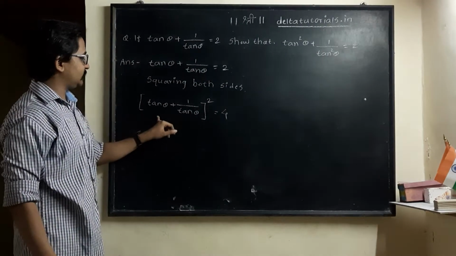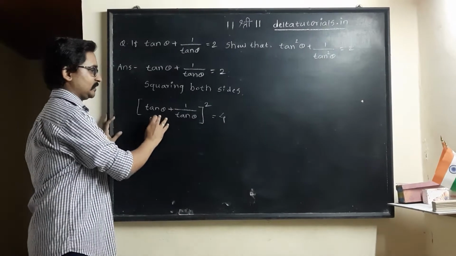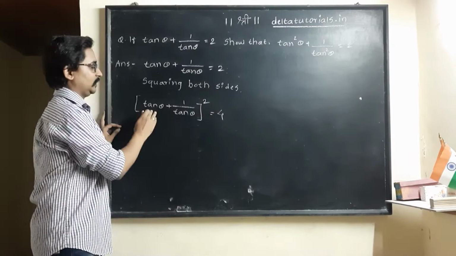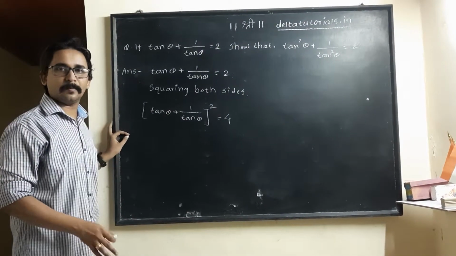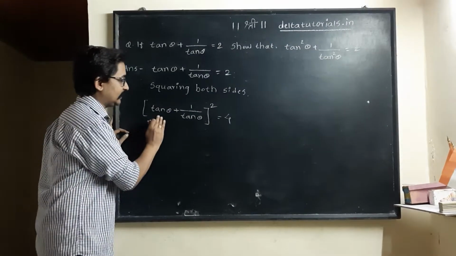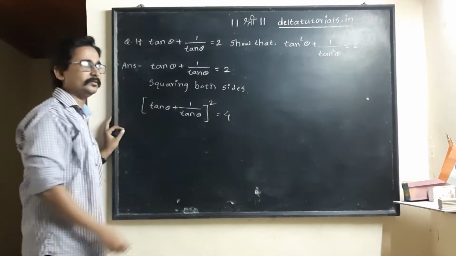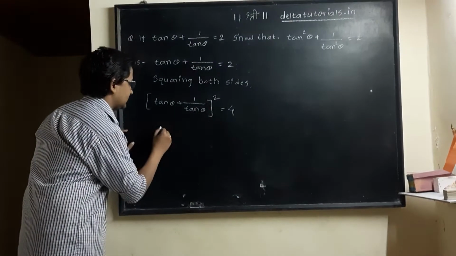So here we can see we got the algebraic expansion of this expression as (a plus b) the whole square, that is, its expansion is a square plus 2ab plus b square. Same expansion we are going to apply for this tan theta plus 1 upon tan theta expression.